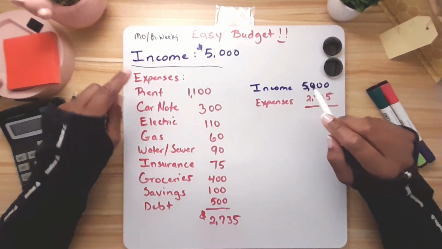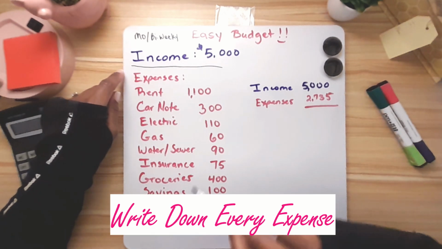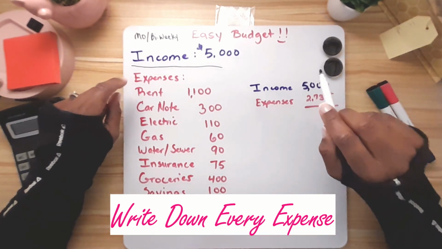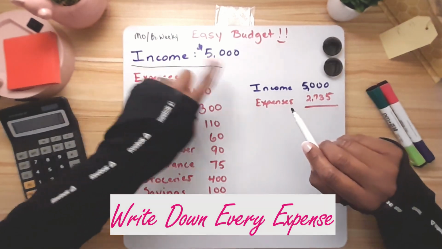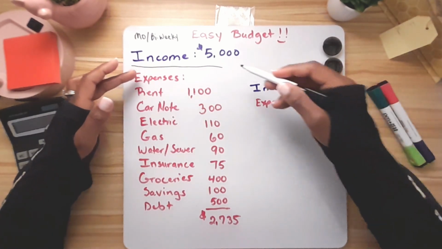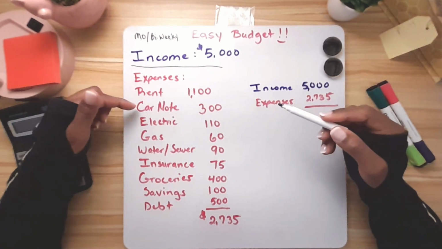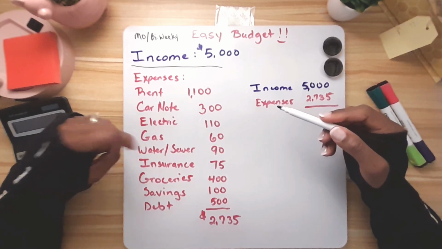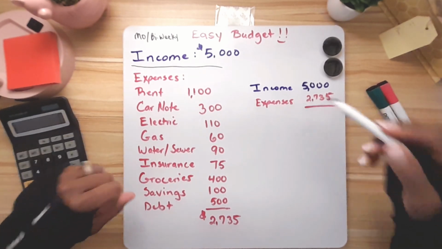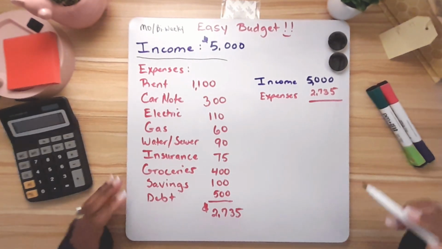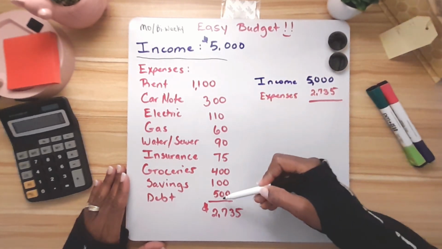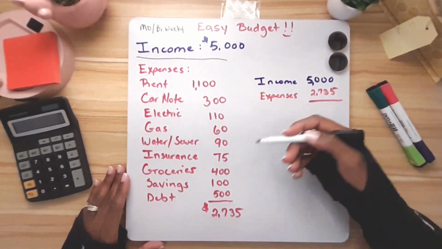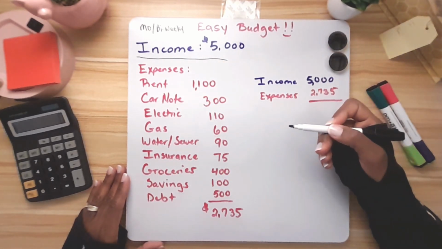Next, you want to write down every single expense that you have. So on this budget, we have an income of $5,000, and then we have all of these different expenses: our rent, our car note, our electric, gas, water, sewer, insurance, groceries, savings, and our debt. And when we go through all of these amounts, of course, everyone's amounts are going to be different, and even your categories of expenses are going to be different.